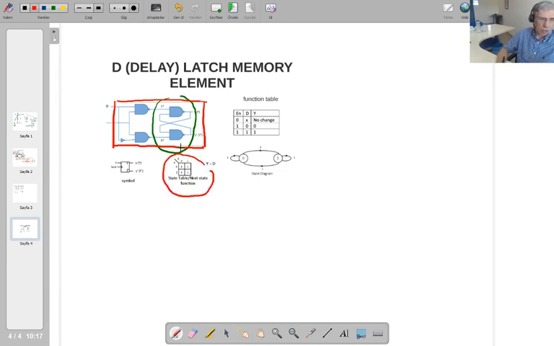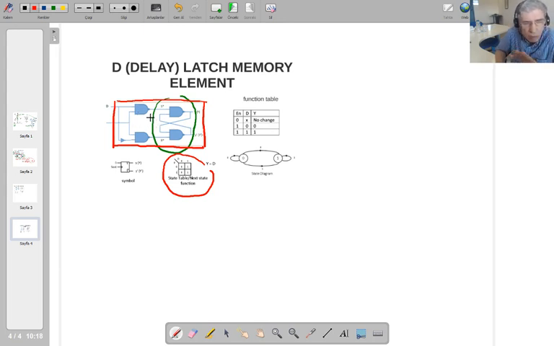So you can analyze this, how you're going to do it. Let me do it now. When D equal to 0, so that means 0, whatever this is going to be, I'm considering both of them as in there.